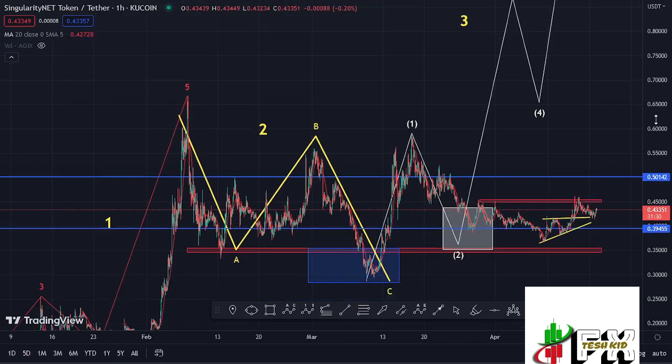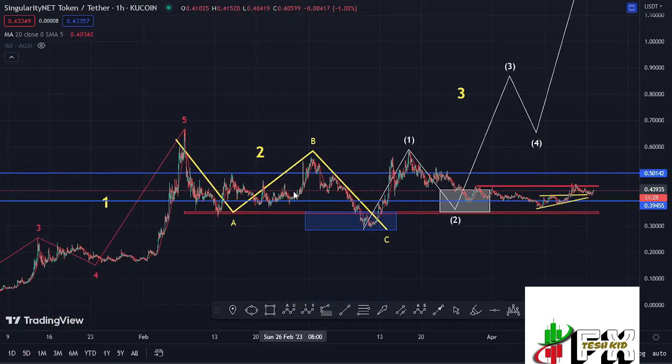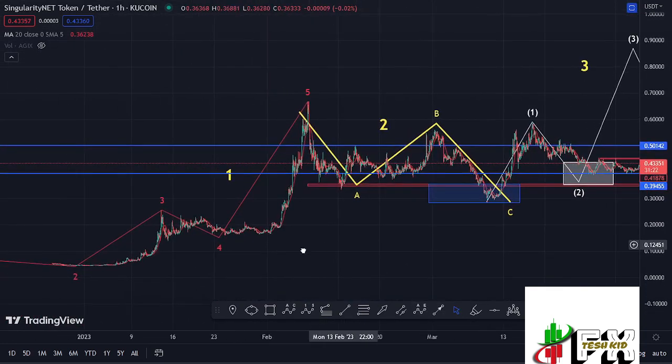And also giving you the long-term outlook here on the AGIX chart, you can see that we have now peaked in the formation of a larger Elliot wave count 1, and that was after seeing a 5-wave structure to the upside, having the wave 5 giving us a peak at around the $0.67 mark.